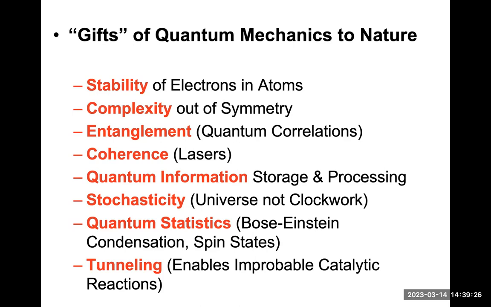Now, quantum mechanics also provides a high level of complexity out of simple symmetries, such as atoms within a planetary-like model becoming really complex when you add a lot of electrons. So we quickly generate very interesting, intriguing structures. And the most interesting things for you, maybe for biology in general, are the next two or three, namely entanglement, which I didn't spend much time on.